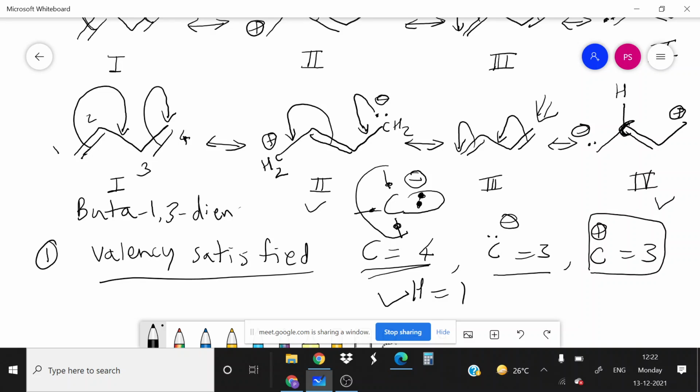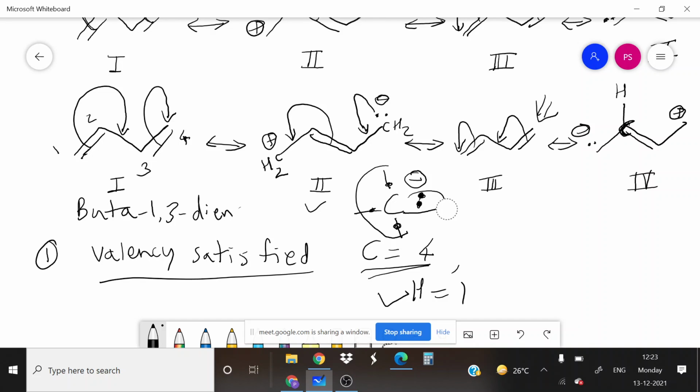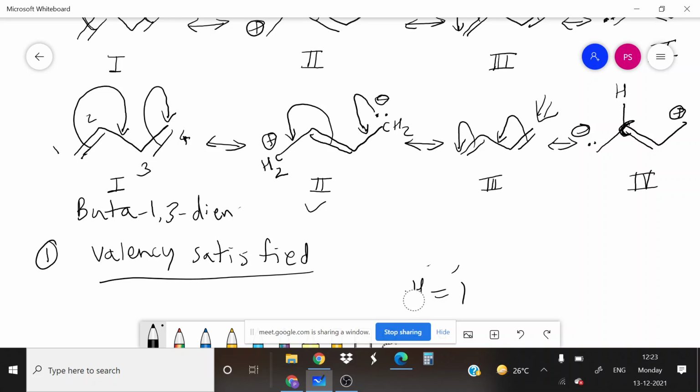So all the atoms in all these structures are with satisfied valencies. So valency satisfaction must be there. No carbon should have 5 bonds. No hydrogen should have 2 bonds, because the valency of hydrogen is 1.